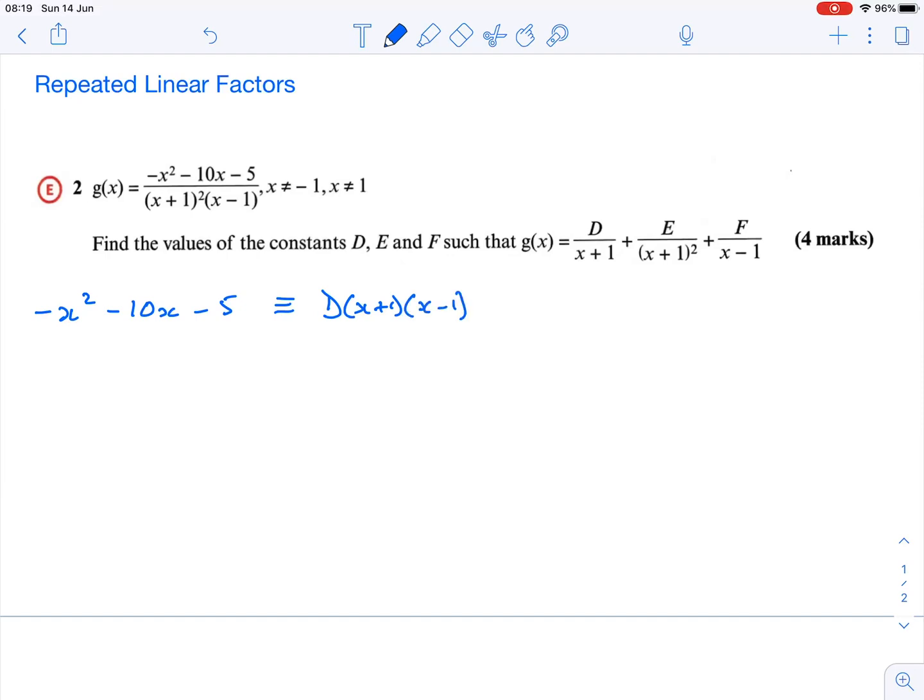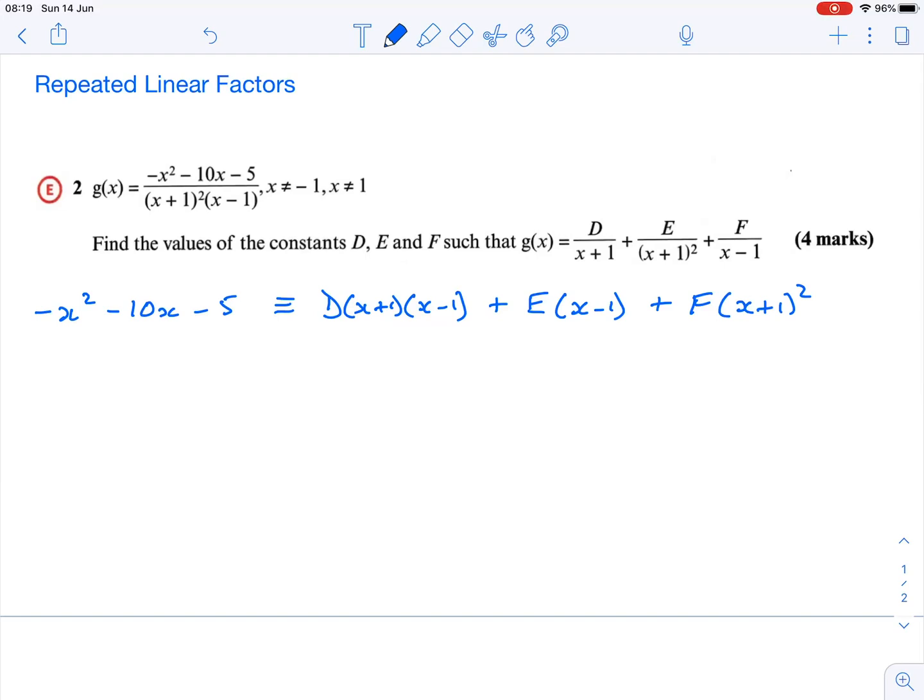So we do the same to the numerator. Second one, the only thing we haven't multiplied, we have to multiply by is the x minus 1. And then the third one, we need to multiply by the x plus 1 squared.